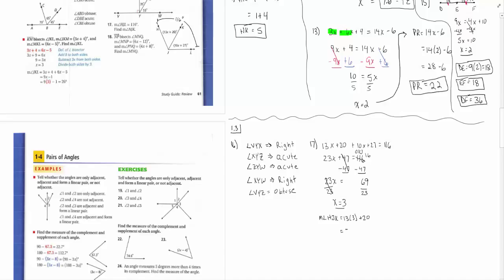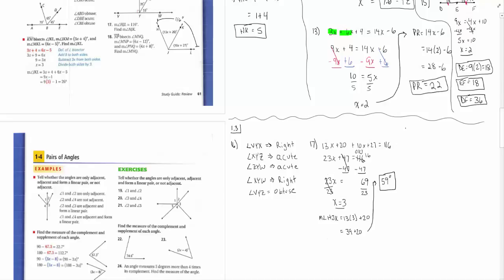So that's going to be 39 plus 20, which in this case, I'll squeeze it in here, save some space, is going to give us 39, 49, 59 degrees. So we get 59 degrees for the measure of angle HJK. Alright, so again, angle addition postulate, add them up, solve for x, plug in.